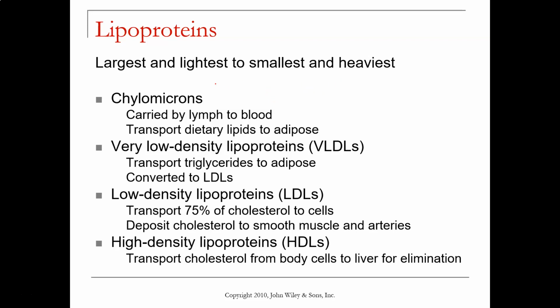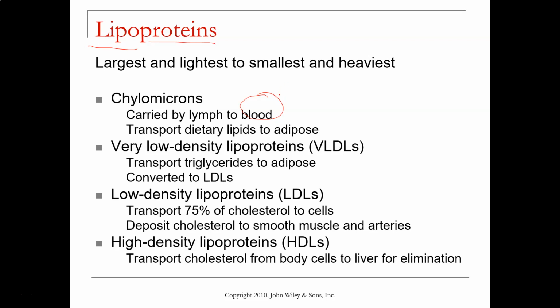So lipoproteins are a combination of, just like the name suggests, lipids and proteins together. And the main reason we form complexes between lipids and proteins is so that we can transport them in our blood, because your blood is mostly water and lipids are hydrophobic, so they're difficult to transport on their own.